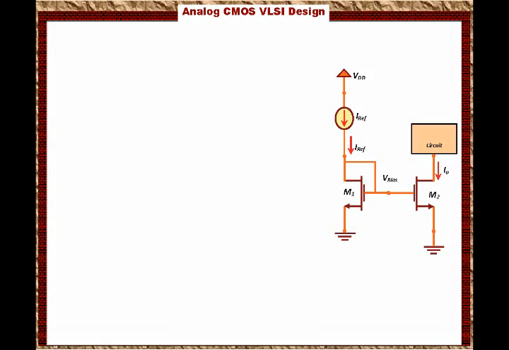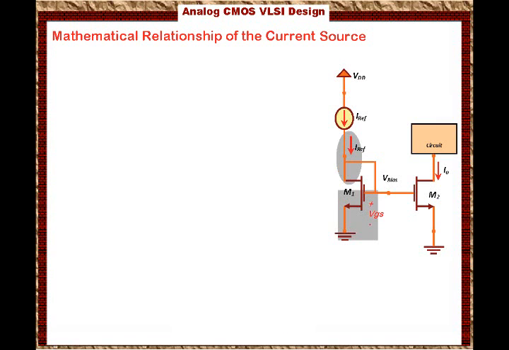Now we are interested in the mathematical relationship for the current source. Basically, how can we find a mathematical expression that defines the current through the bias circuit, which we call IO? Keep in mind that what we have here is I reference that goes through the transistor M1, which will create VGS across this transistor, but the same VGS across M1 is across M2.